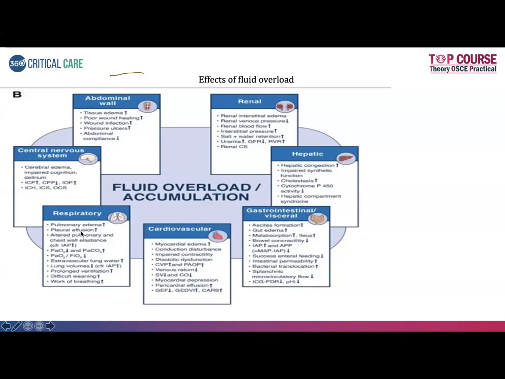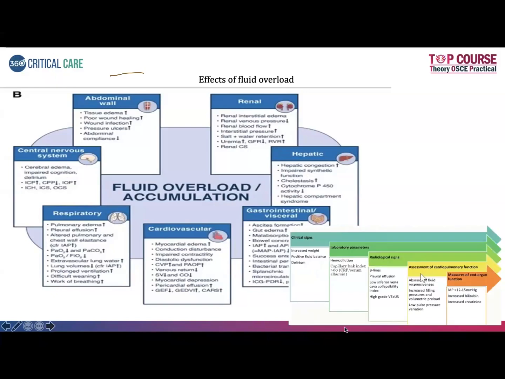There can be pulmonary edema, pleural effusions, lung volumes can go down, and there can be increased work of breathing. Central nervous system: cerebral edema, impaired cognition, delirium, increased ICP, decreased perfusion pressure, increased intraocular pressure, intracranial hypertension. In the abdominal wall: tissue edema, poor healing, wound infection, pressure ulcers, and decreased compliance.